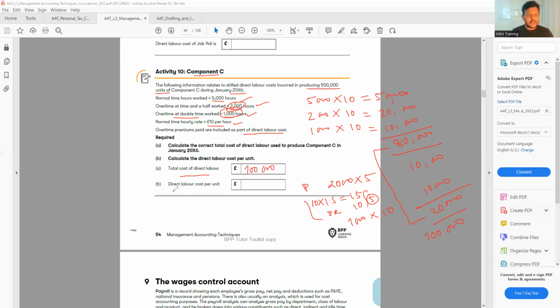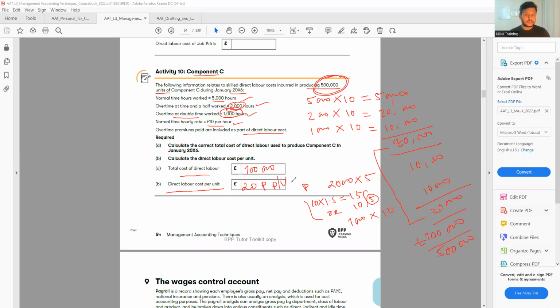The next one asks for direct labor cost per unit. Who can tell me how much it will be? It will be 100,000 divided by 500,000 units, and that gives me 20 pence per unit.